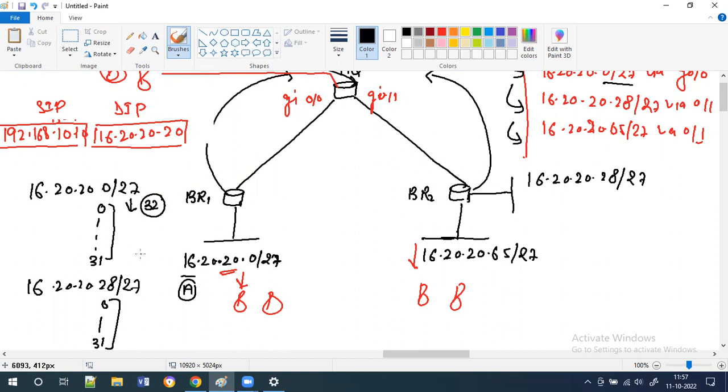The router will forward here and again here. Let's suppose both are the same. Here also I have .20 and here also I have .20. The router will send one packet here, one packet here.